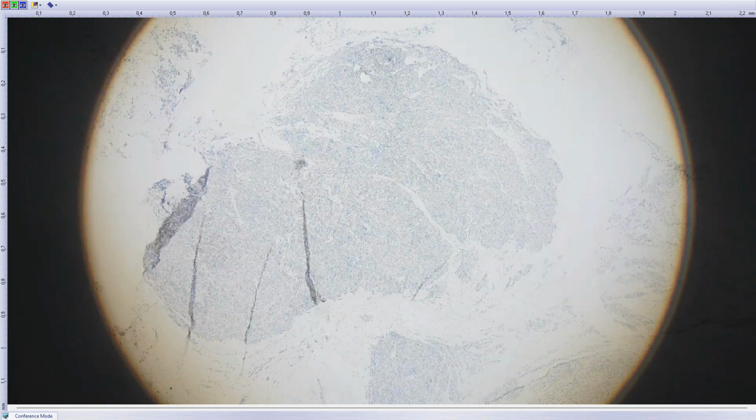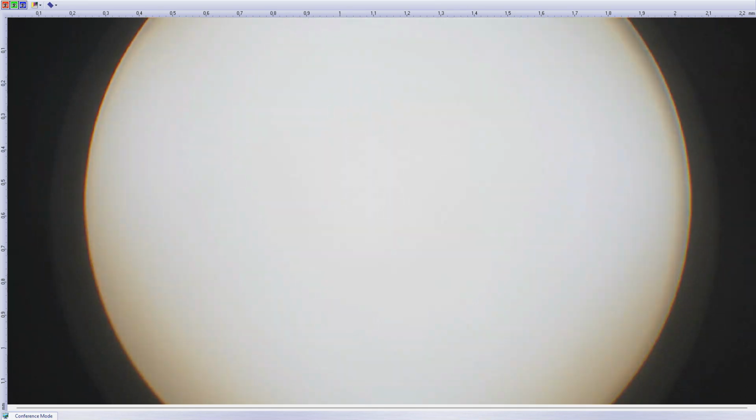PRAME, again very useful in this differential, I think, is negative, so you can consider melanoma highly unlikely here. And I did EWSR1 FISH, it was positive, so this is clear cell sarcoma of tendons and aponeuroses.